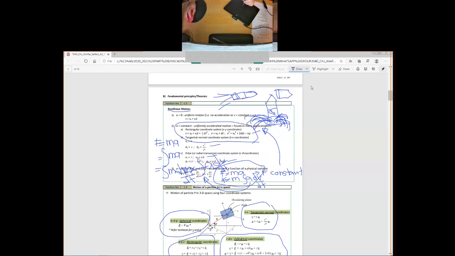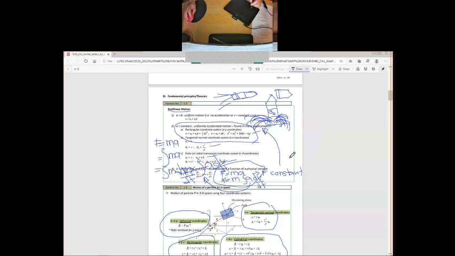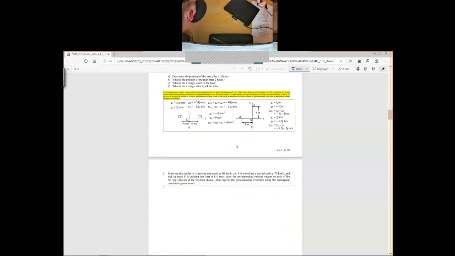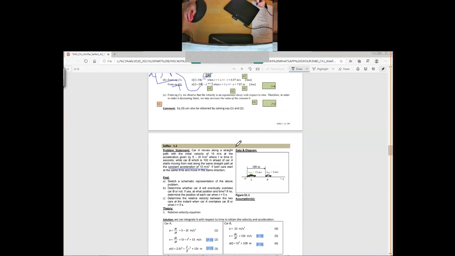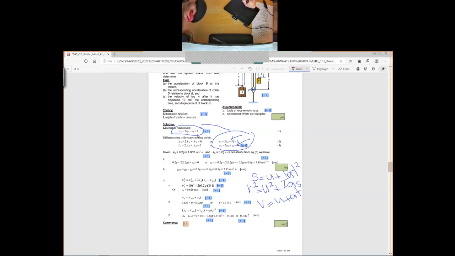So these are the equations for constant acceleration, and I put them in the red circle now. So these are the two formulas you need to apply. Two main formulas: one is the total length of the cable in this case, and the other is constant acceleration.